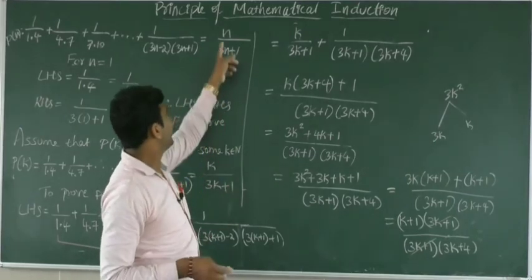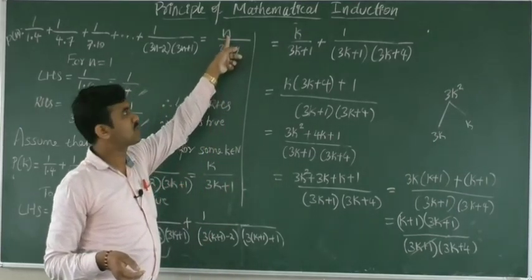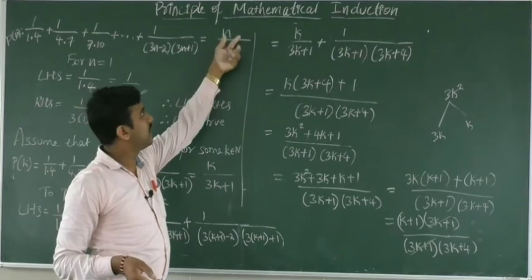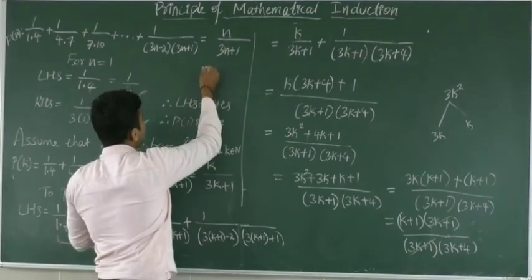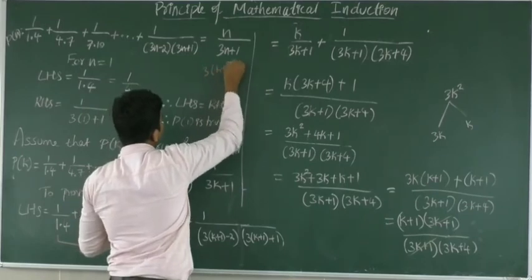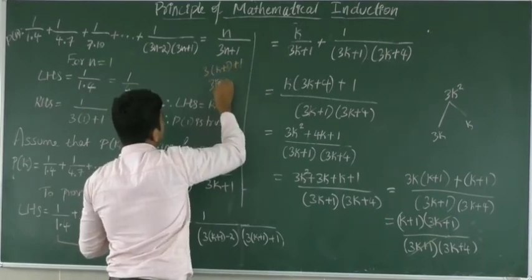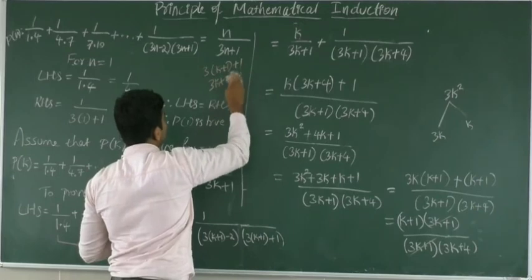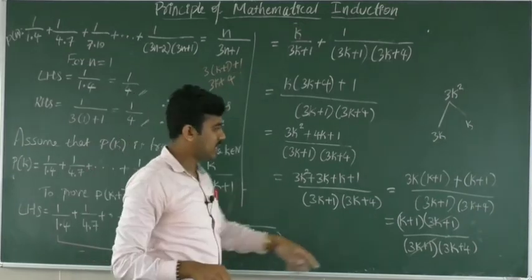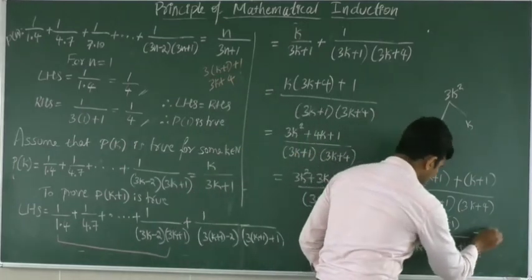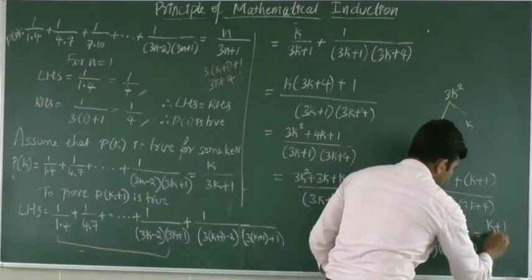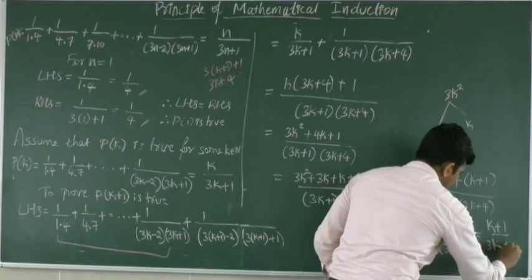See, when n is replaced with k plus 1, we get k plus 1 as the numerator and the denominator is 3 into k plus 1 plus 1. That is nothing but 3k plus 3 plus 1, which is equal to 3k plus 4. So the same denominator you have. Clearly this is the right hand side, that is k plus 1 divided by 3k plus 4.